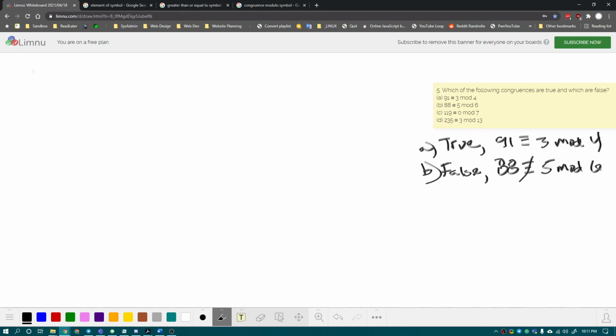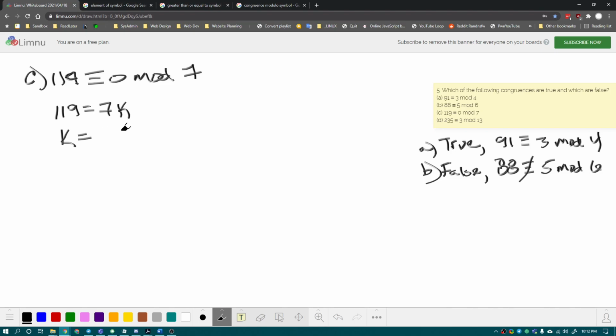All right, we have C: 119 is congruent to 0 mod 7. Christian, could you help me with this one, please? Yep, so since it's 0, you just get 119 equals 7k, which I'm guessing is not an integer.